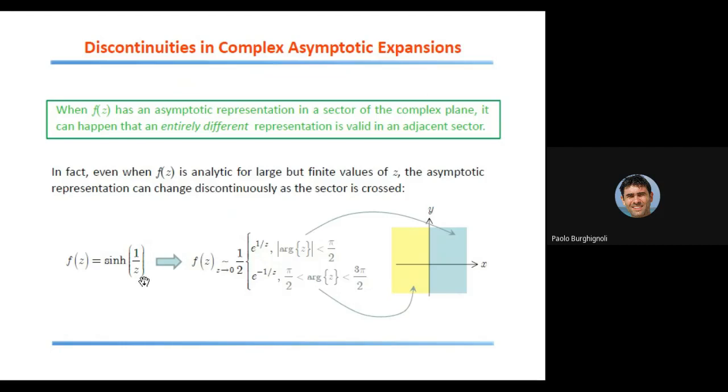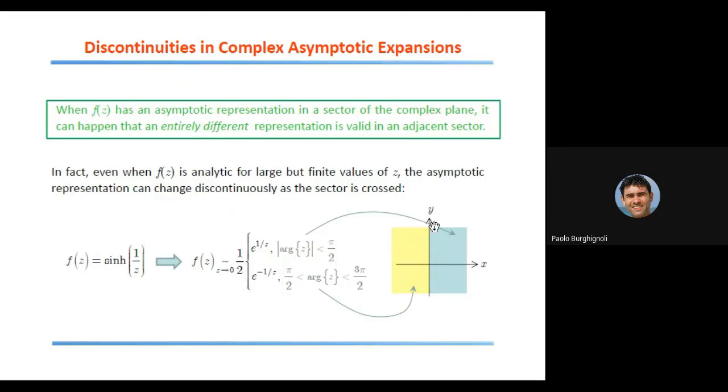And the same happens in this example here. In this particular example, if you approach the origin from the right, so from the right half plane, then it's easy to see that the hyperbolic sine is dominated by this exponential here, the exponential of 1 over z, whereas in the yellow half plane on the left, it's dominated by this other exponential, e to minus 1 over z.